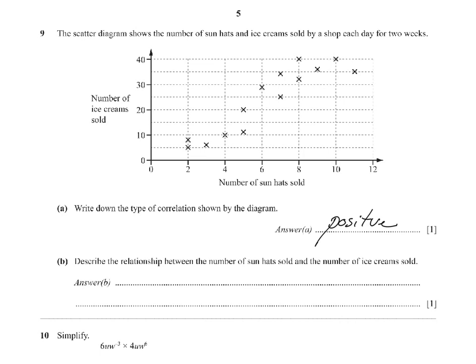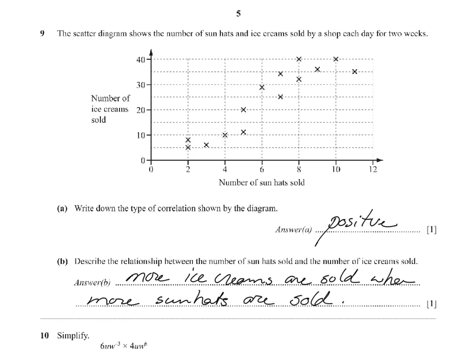So you can say that more ice creams are sold when more sun hats are sold. Ice creams, sorry guys, I'm Dutch, how do you spell it? And that's because, of course, the weather is getting nicer, so more people buy a sun hat and more people like to eat an ice cream. That's not what you write down. You say that the more sun hats you sell, the more ice creams you sell.